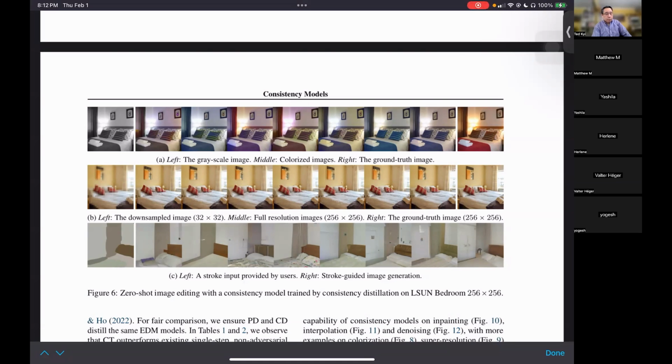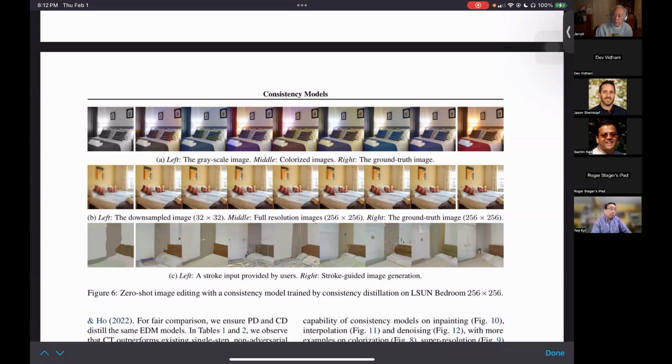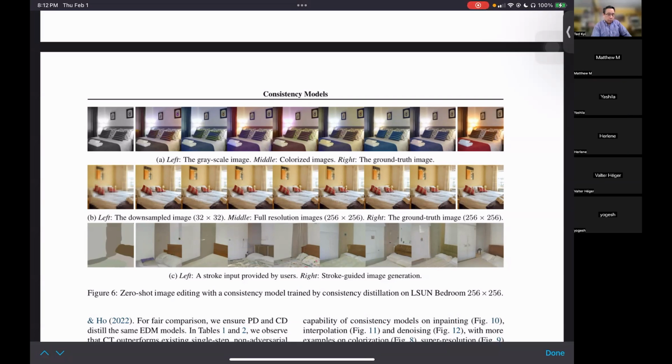One other thing that I should add is that, like other diffusion models, the out-of-the-box consistency model that was trained using this trick worked for a lot of other subtypes of problems as well, with zero-shot training, if you may. So it could work for colorization, image super resolution, image inpainting, interpolation, single-step denoising, and stroke-guided image generation.